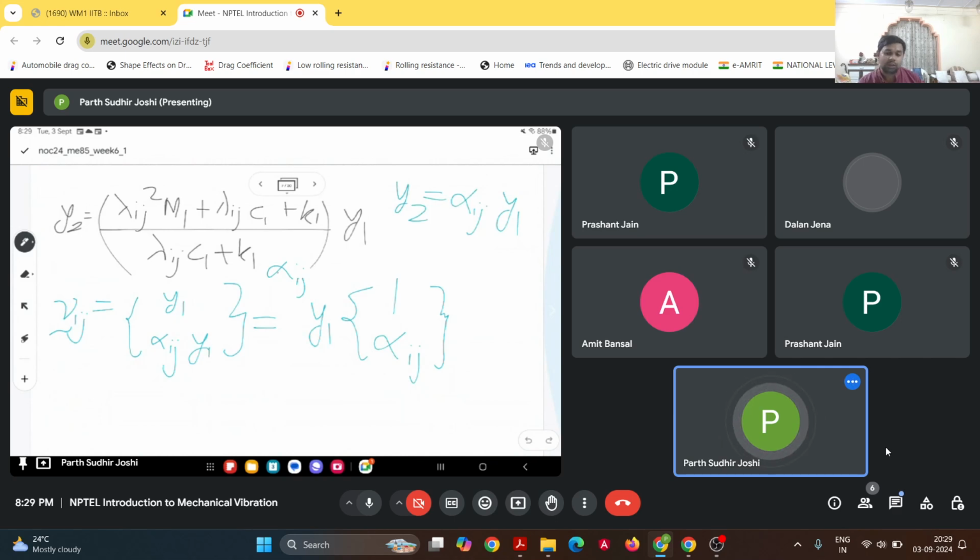So the solutions to the homogeneous differential equation represent the free vibrations, and we can write now the solution YH. Because the solution can be written as a linear combination of eigenvectors.